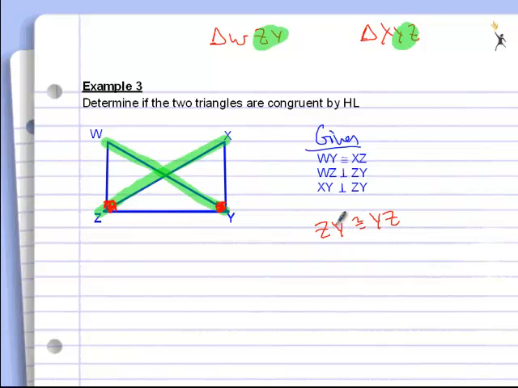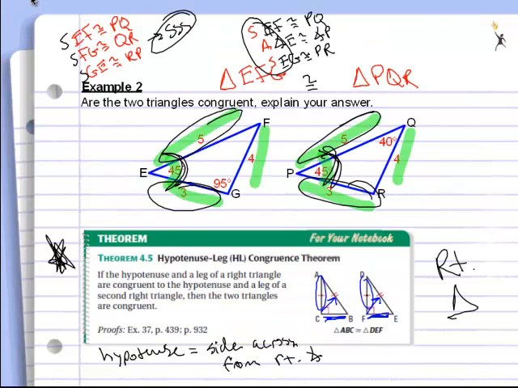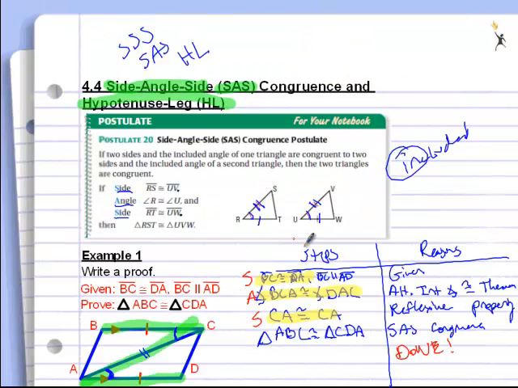What allows me to say that ZY is congruent to YZ? That is called the symmetric property. A property where I have something being symmetrical on both sides. A second ago, in example 1, we used the reflexive property, where something is congruent to itself.